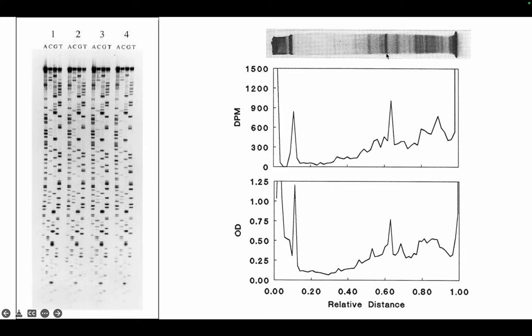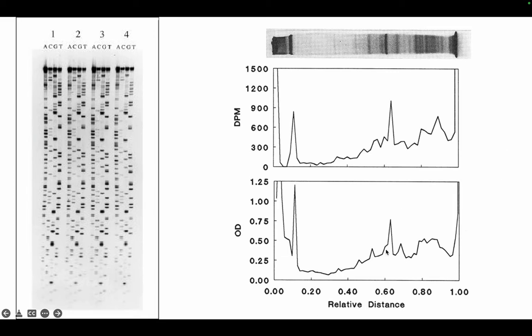So I can say that this dark region has some intensity, okay, and that is giving this peak. Again, this region here does not have any color, so it is not giving a peak. And I'm getting this peak again for this dark band. Okay, so this is just an easy way to see what is the profile of our autoradiogram.